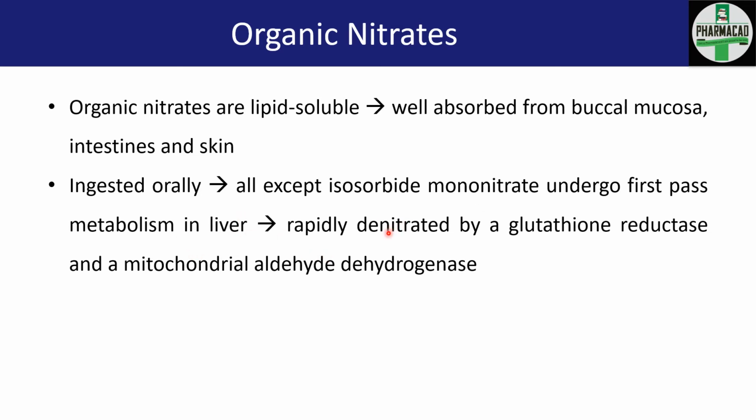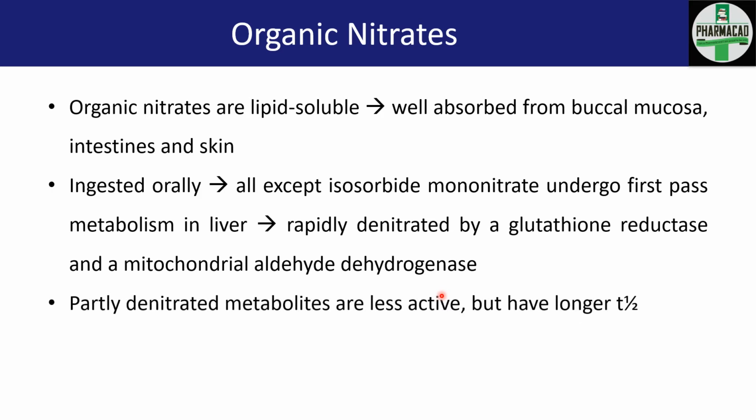All are rapidly denitrated by glutathione reductase enzyme in the liver and mitochondrial aldehyde dehydrogenase enzyme. The partly denitrated metabolites are less active, but they have longer half-life. Like isosorbide dinitrate is metabolized into isosorbide mononitrate, which is a less active metabolite, but it has a longer half-life.